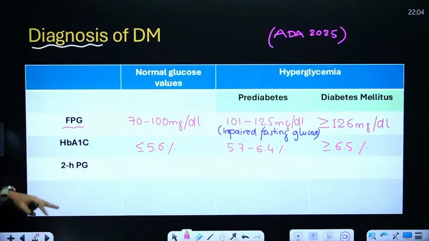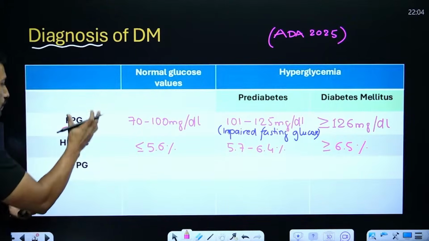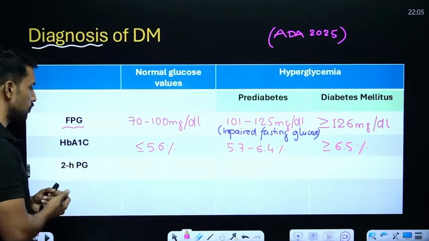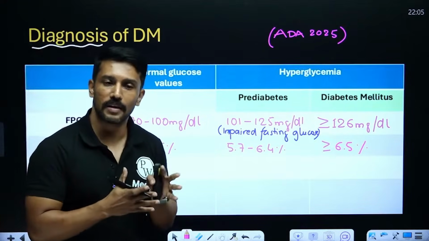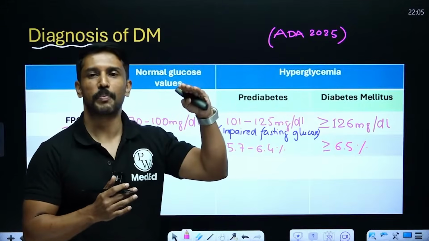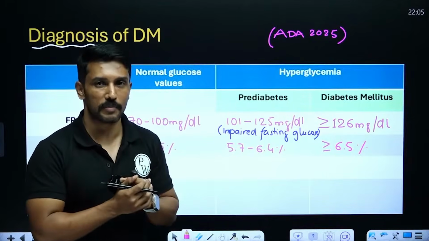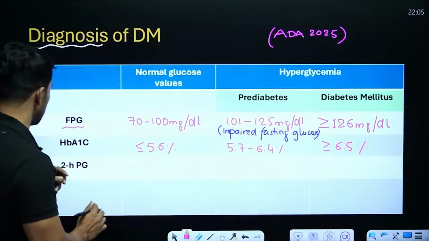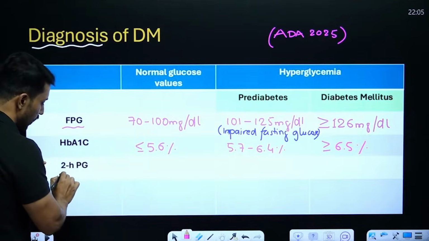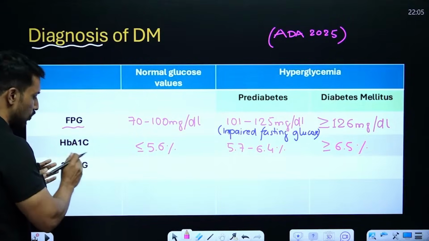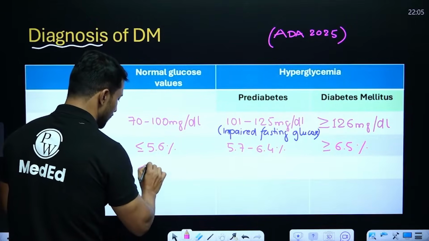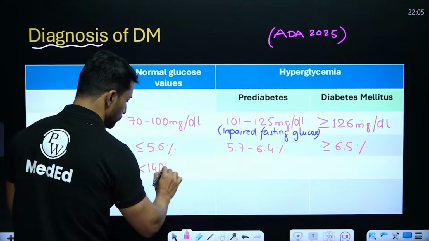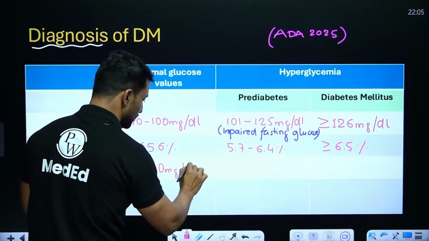Okay. Third one, let us say there was an individual whose fasting plasma glucose is in the normal range. HbA1c also appears to be in the normal range, but after taking a meal, his sugars spike up. Can I diagnose diabetes based on that? Yes, that can also be a criterion. So 2 hours after taking a meal, the 2-hour postprandial glucose normal value is supposed to be less than 140 milligrams per deciliter.